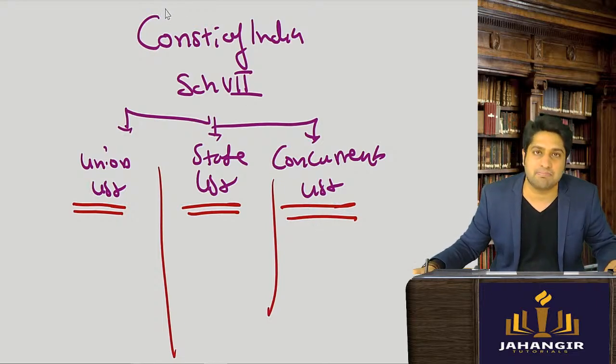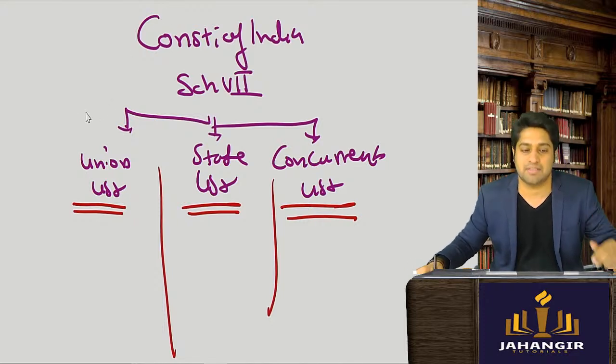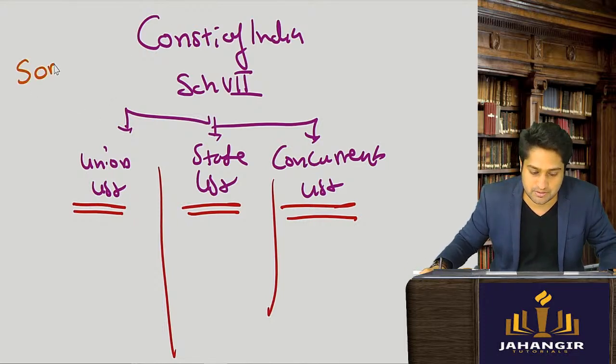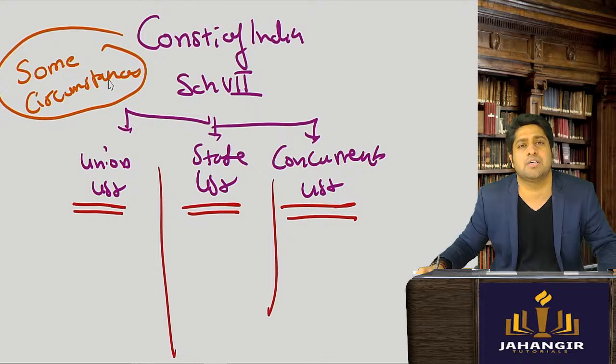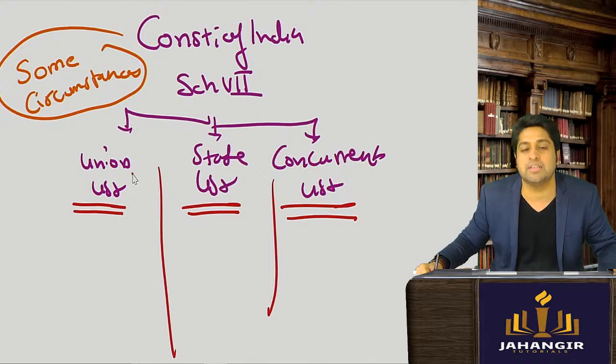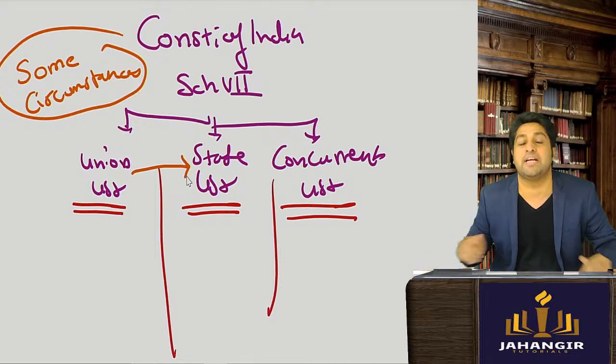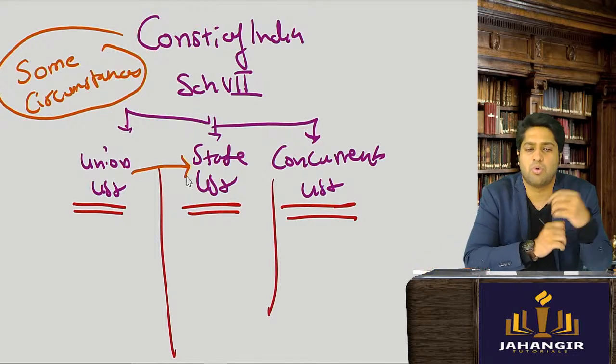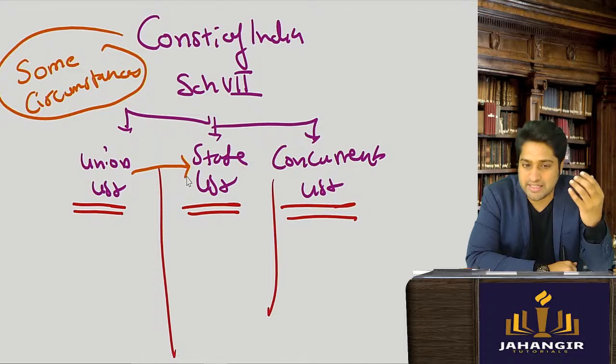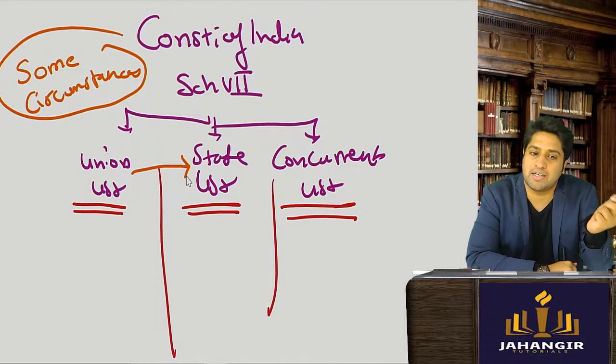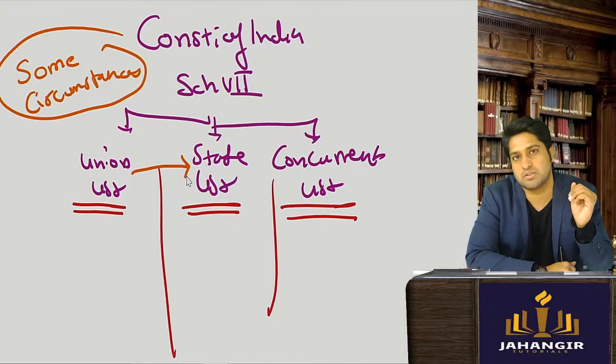But there are some matters, in some circumstances, where the union government can make laws on matters mentioned in the state list. So whatever is there in the state list, the union government, that is the central government, can make laws.